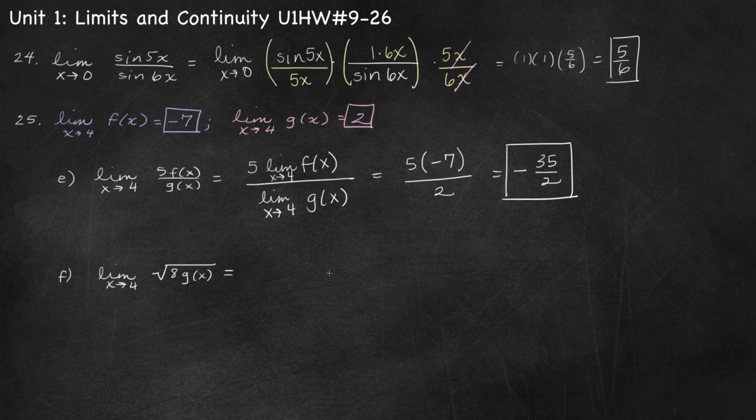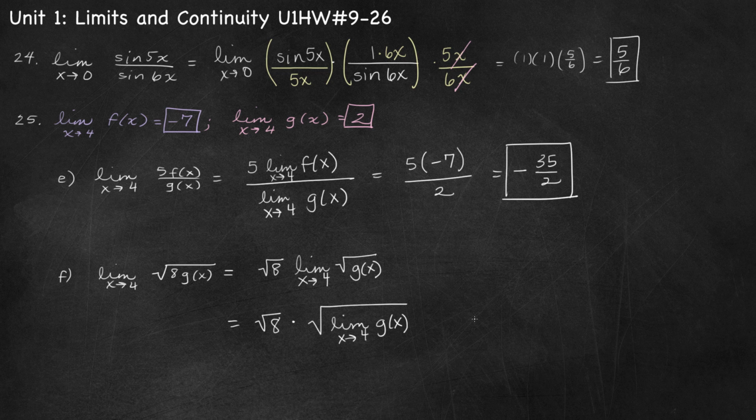And part F, the limit as x approaches 4 of the square root of 8 times g of x. Well, we can think of the square root of 8 times g of x as the square root of 8 times the square root of g of x. So we can bring out the constant, square root of 8, times the limit as x approaches 4 of the square root of g of x. And we can think of that as square root of 8 times the square root of the limit as x approaches 4 of g of x.